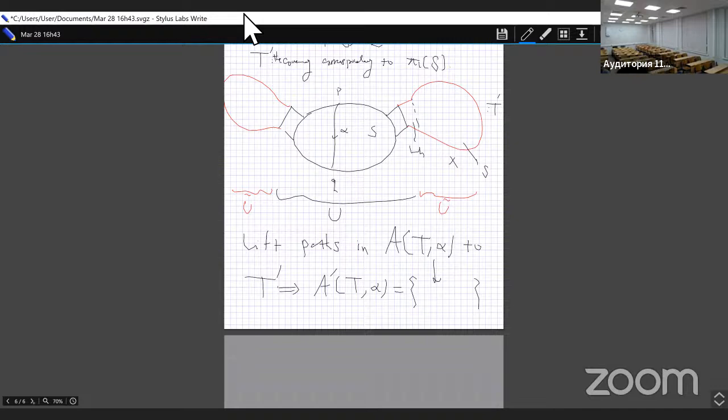Just as a notation, because it is T prime and it's different from S, let me just call this alpha prime. It is the same because it's just the inclusion there. So lift a path here, homotopic to alpha, and do the path homotopic to alpha prime, like this, and call this A prime of T alpha.